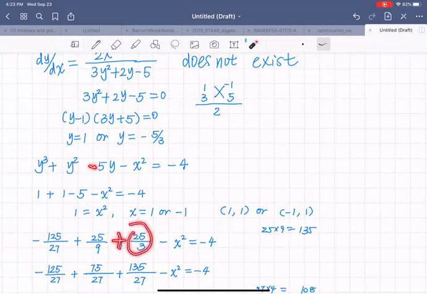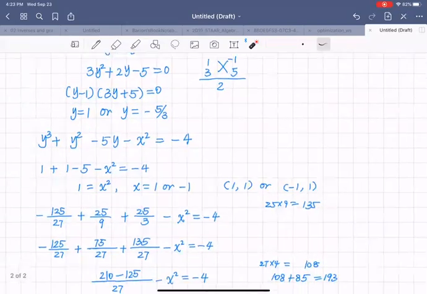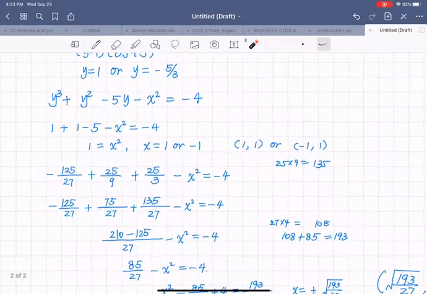Yeah. And then minus x squared equals negative 4. No problem. Now, this guy is this one. This guy times 3, that's 75. This guy times 9. This guy times 9.